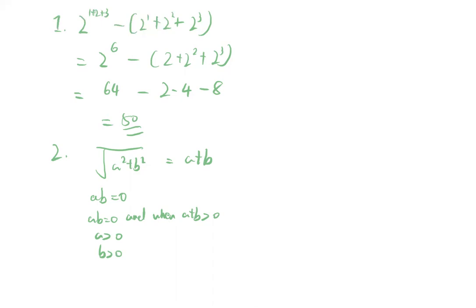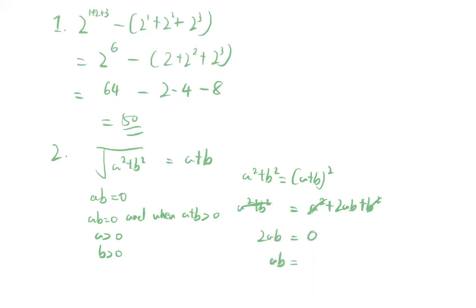Basically, this question is just you square both sides, and then what you get is this equation. You just expand the expression, and you eliminate the a squared and b squared. So what you get is 2ab equals 0.